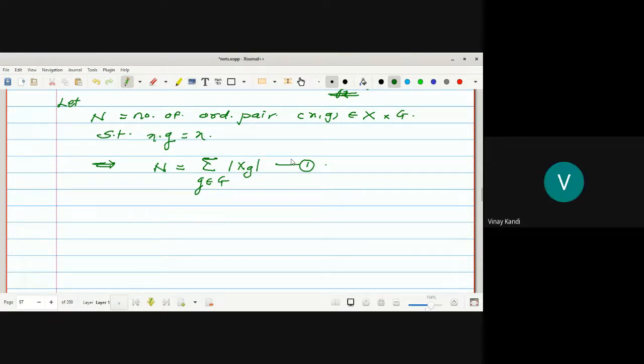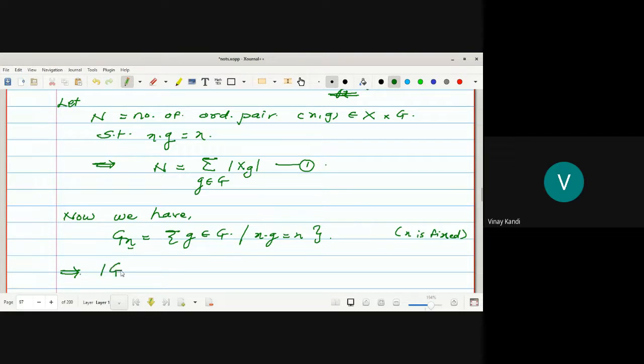This is equation number 1. Now we have gx. What is gx? What is the nature of this set gx? It is the collection of those elements of set G such that x·g is equal to x, where this x is fixed. Okay, so that implies order of gx.